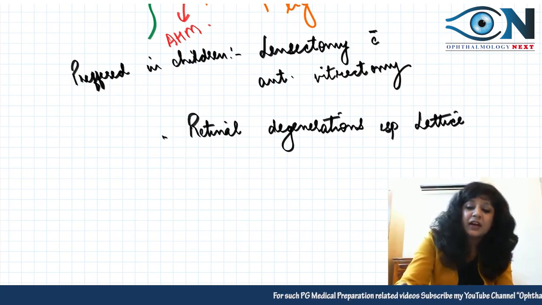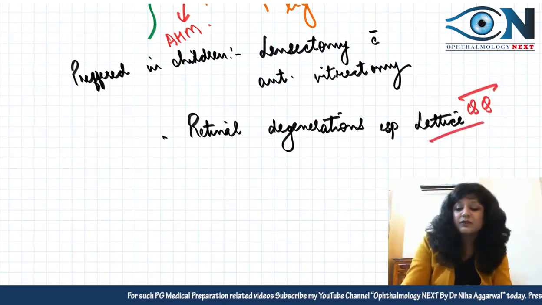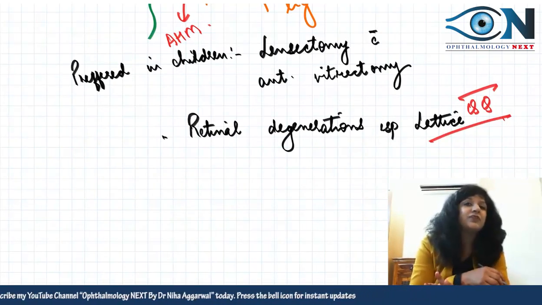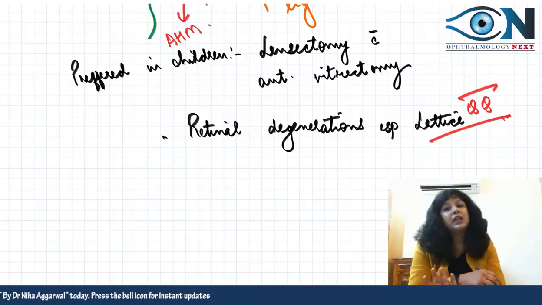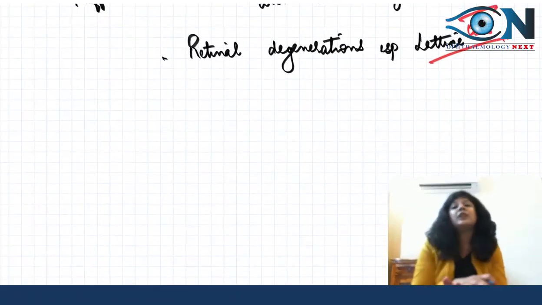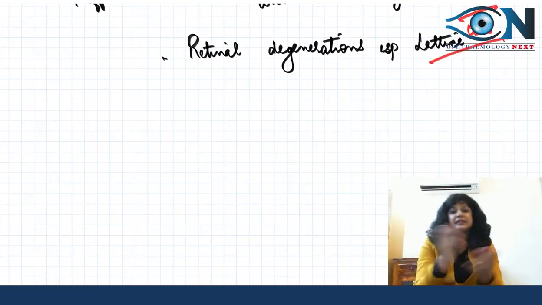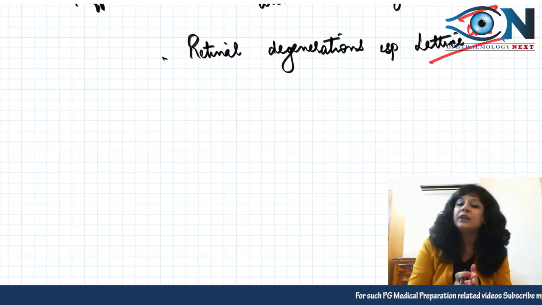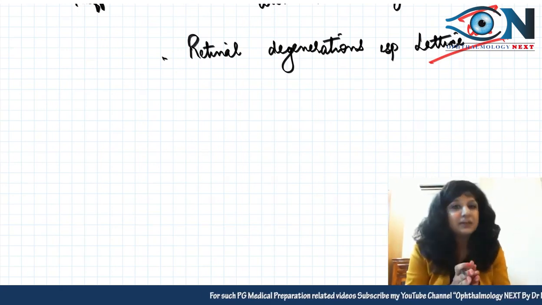This is again a multiple times asked question, which kind of degeneration is very, very important. It is the lattice degeneration which is more important in causing this. So these were some of the high risk factors, and as I say, risk factors of retinal detachment and especially RRD are very, very important.